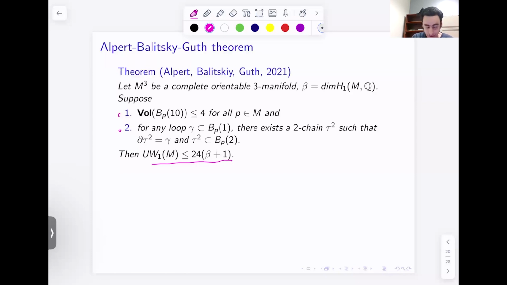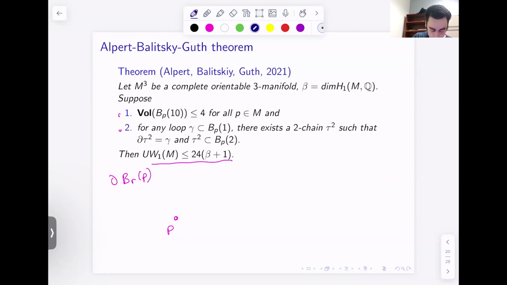So the proof has a really pretty argument, which turns out to be very useful in other settings, in particular in the positive scalar curvature setting. So maybe Alexei will talk about it in more detail, but I really like it, and I'm going to very briefly sketch what's going on. So the idea is to pick a point P and consider balls of radius r around the point P and consider their boundary.